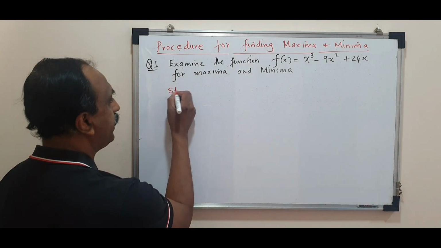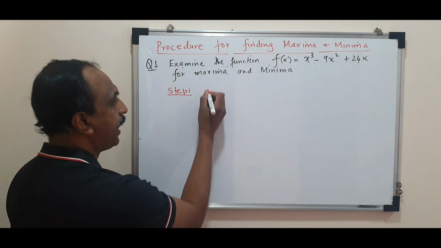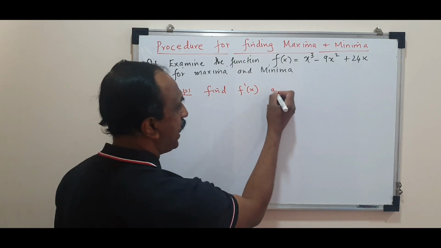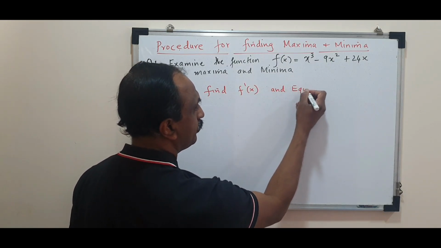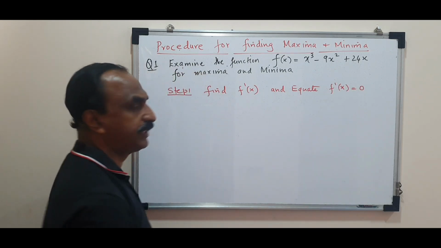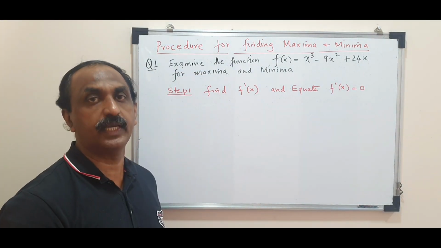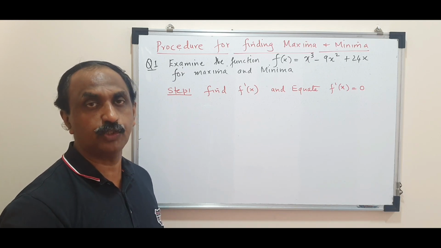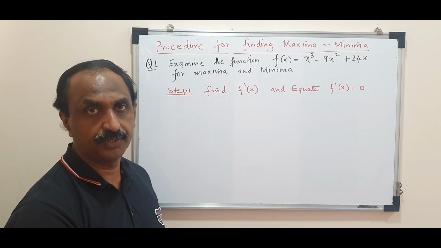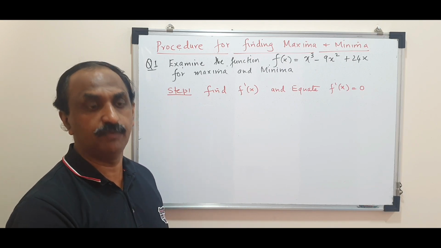So step number 1 is find f dash x, the derivative, and equate f dash x to 0. That's your first step. After equating f dash x to 0, you will get the values of x. Those values of x are the points where the function becomes either maximum or minimum. Then we will recognize which is maximum and which is minimum.